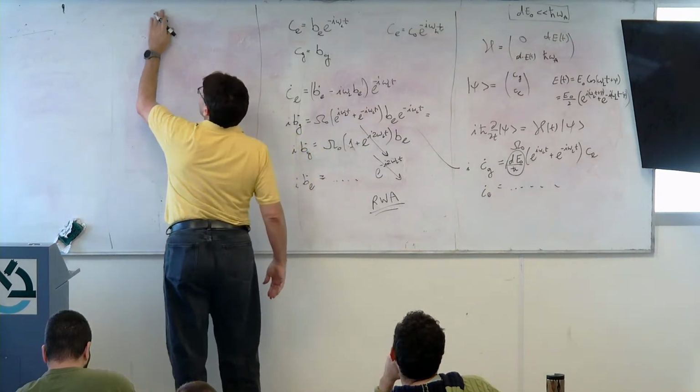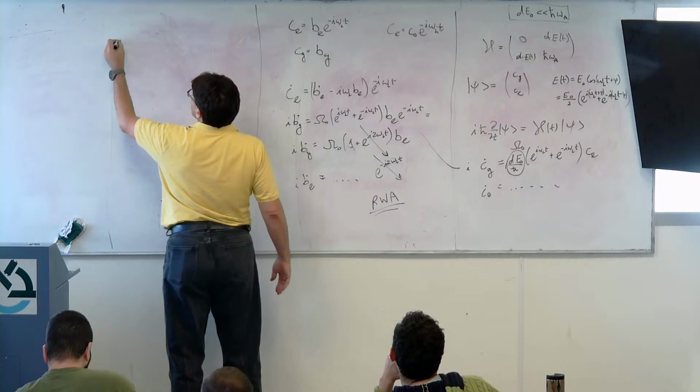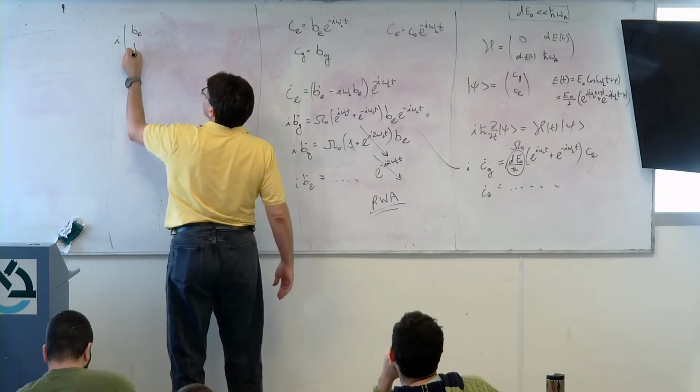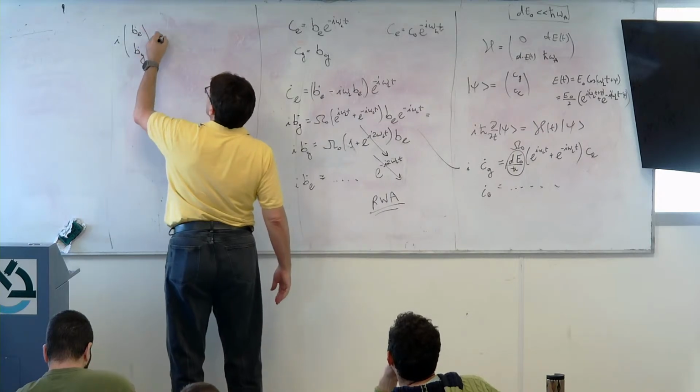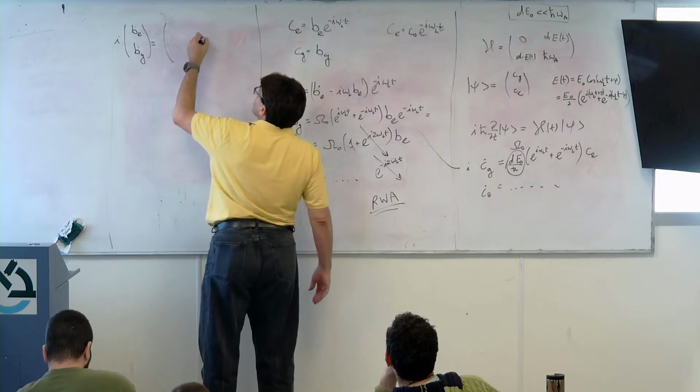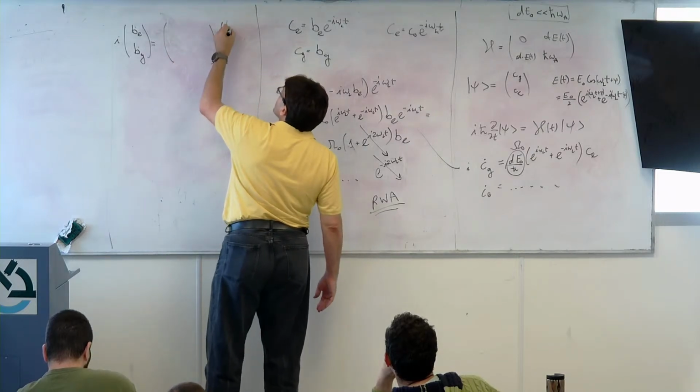Or I can say basically something like i times BE dot, BG dot equals now the rotating wave times.